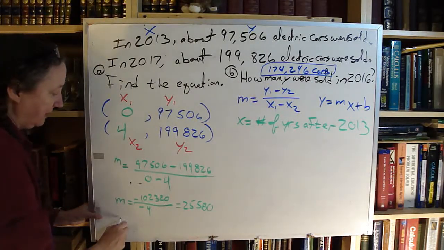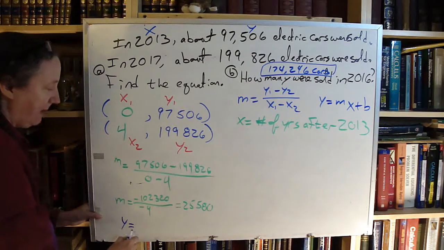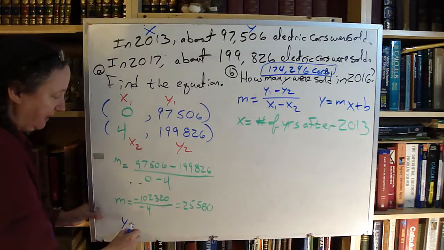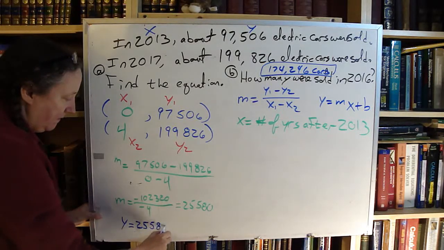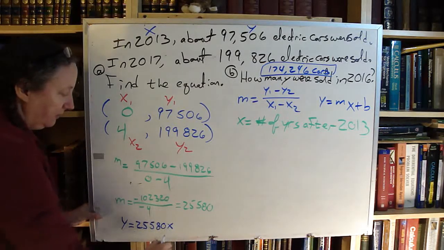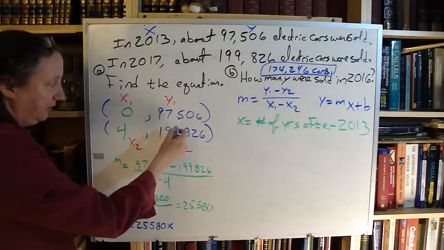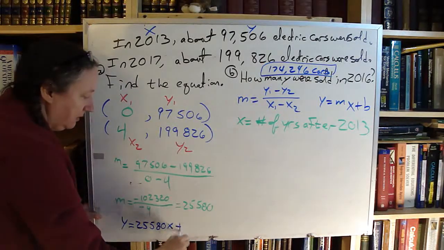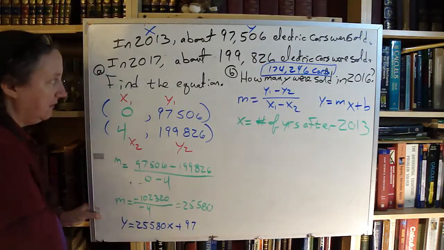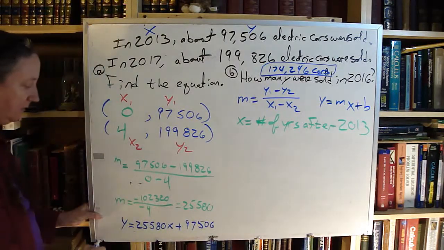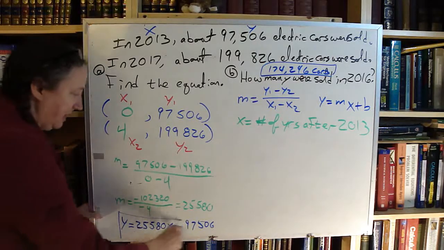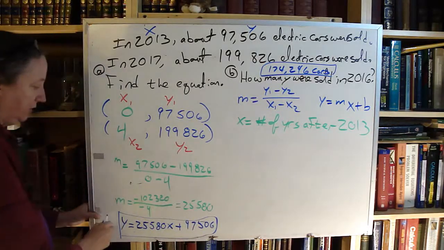So now I just write down my y equals mx plus b, so y equals 25,580x plus 97,506. There is my answer for question A.